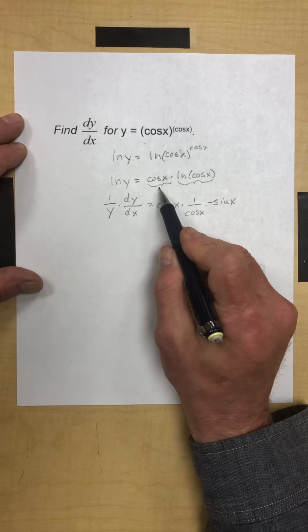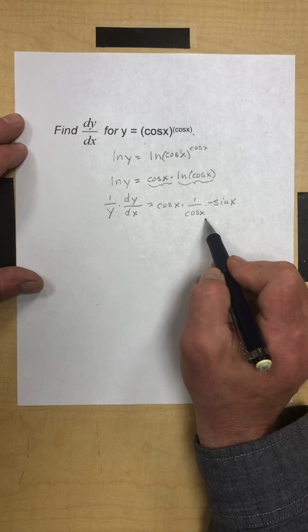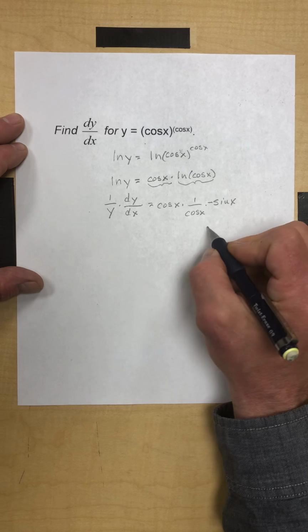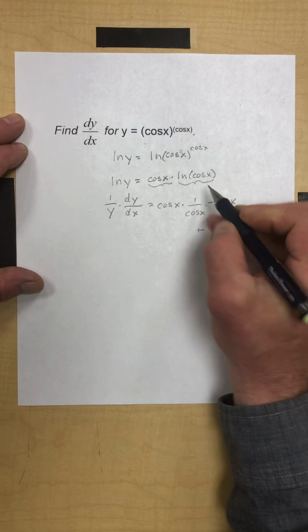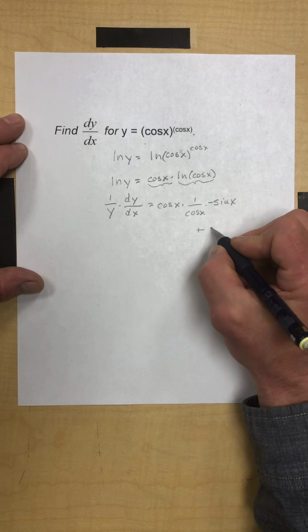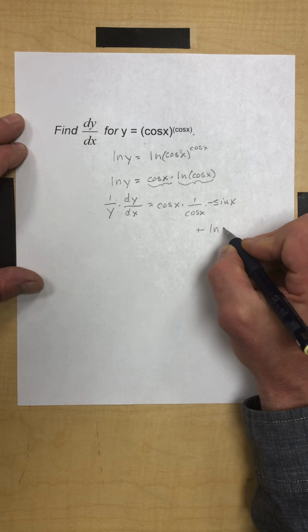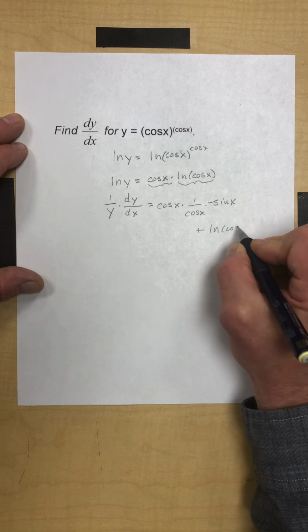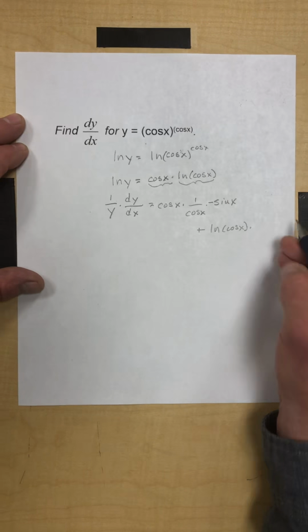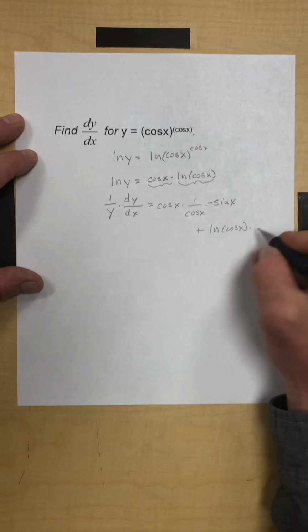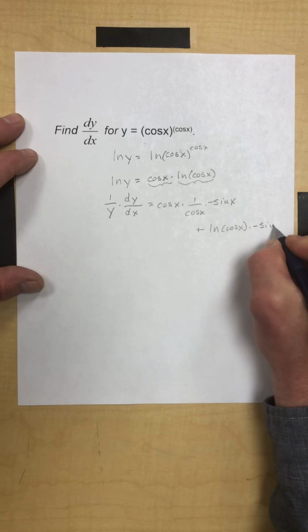Okay, so that is first times the derivative of the second. All right, then we have to go plus the second times the derivative of the first. So we go the natural log of the cosine of x times the derivative of the first, which would be the opposite of the sine of x.